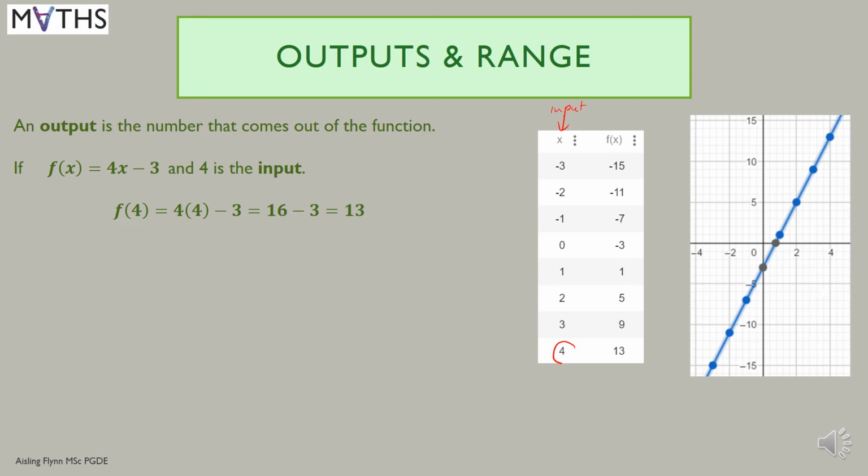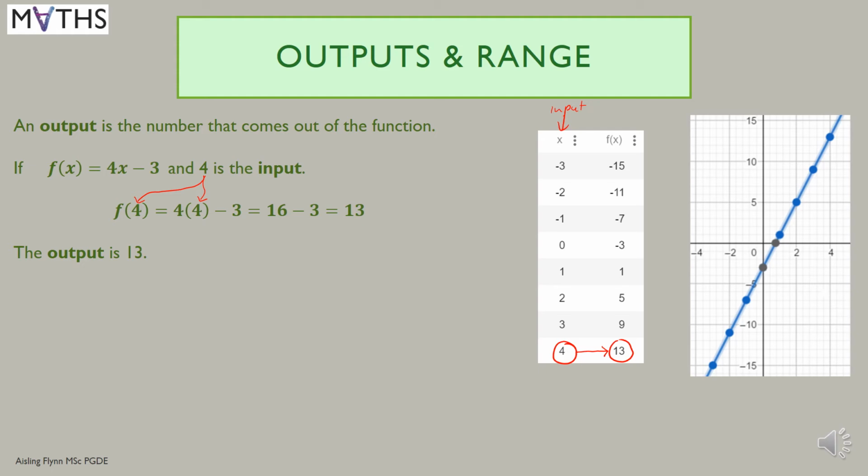Here's another example of an input you use. You put 4 into the function, and 4 times 4, so instead of 4 times x, it's going in here, take away 3 gives me 16 minus 3, which gives me 13. So the function took 4 and gave an output of 13.